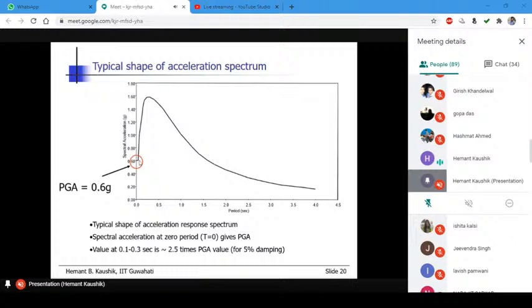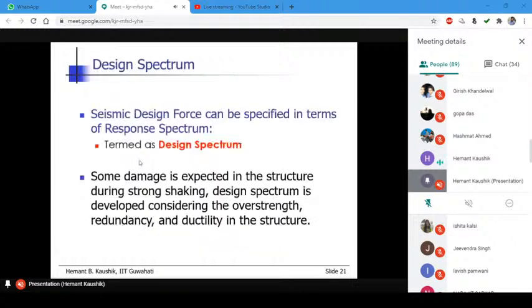So these are some of the approximations that we do when we use the design spectrum. So let us see what is that design spectrum. Basically, if we are using the spectrum given in the code for design purposes, then we have to use a very smooth response spectrum. So the seismic design force can be calculated from the design response spectrum. Okay, but if you are using a response spectrum developed from a particular ground motion, that will not be the design force.